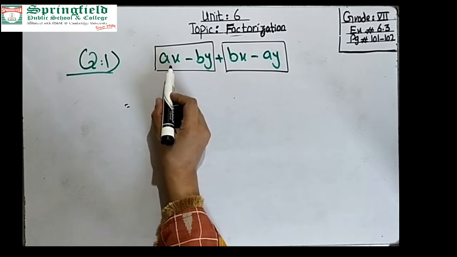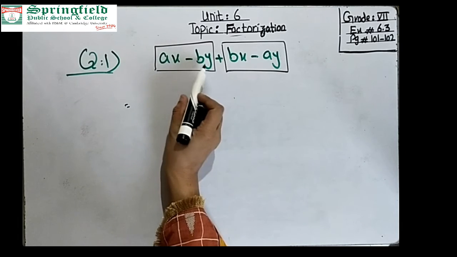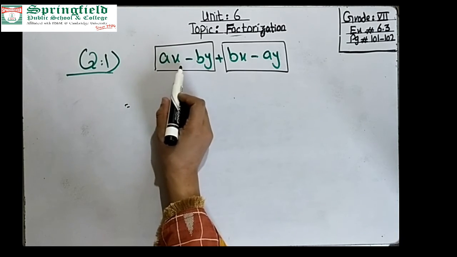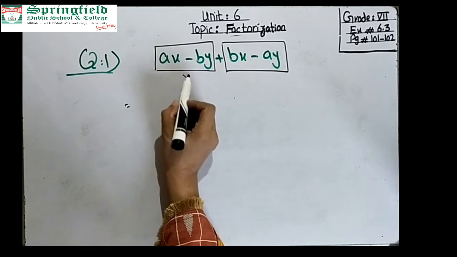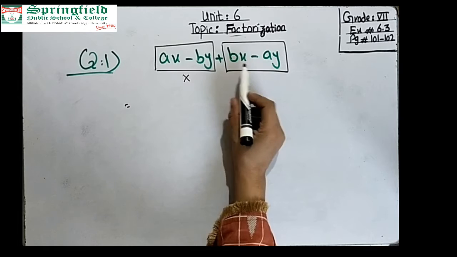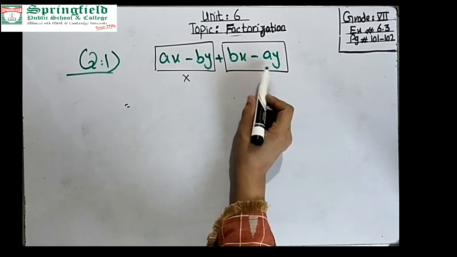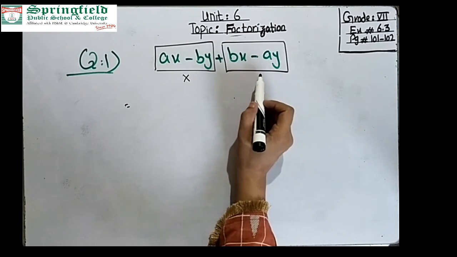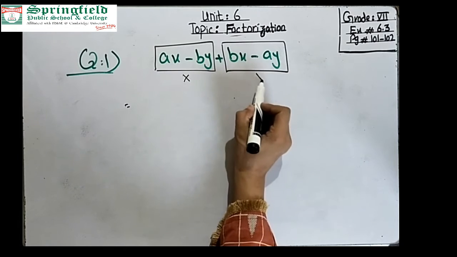So beta, look here, ax minus by. Is there anything common in both the terms? No. Look at the next one, bx minus ay. Can we take any variable common? No. So what will we do in this type of situation?